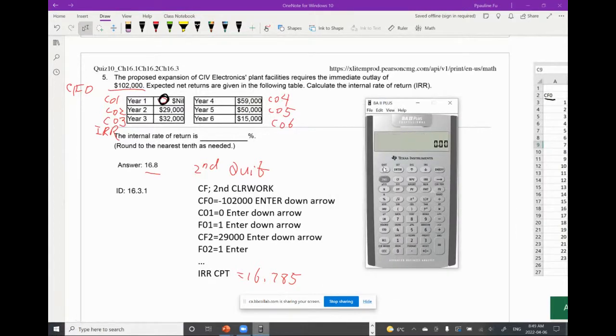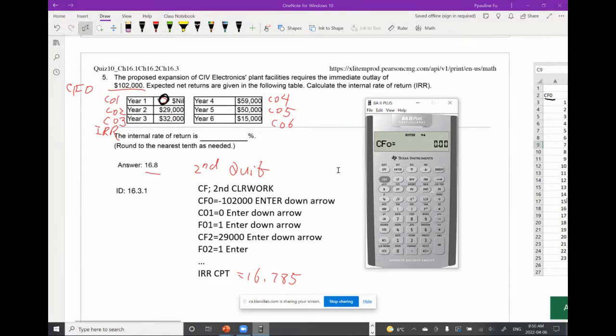So go second, quit, and then the CF button, go second, clear work. Remember this. After you press the CF button, you must press second clear work. Okay.